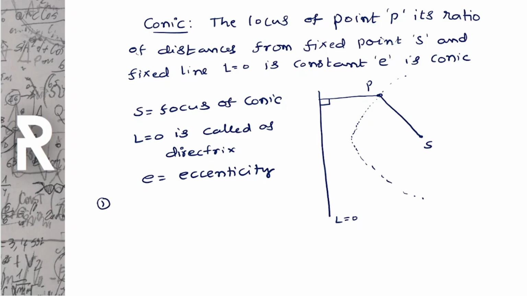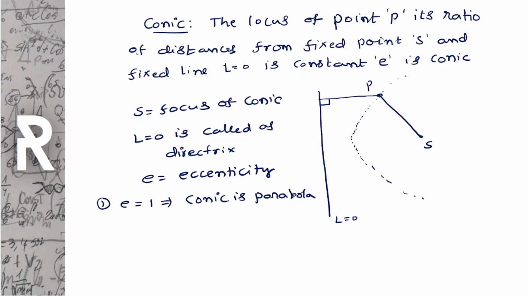Here, when the E value is 1, the conic is a parabola. That means the distance ratios are equal.